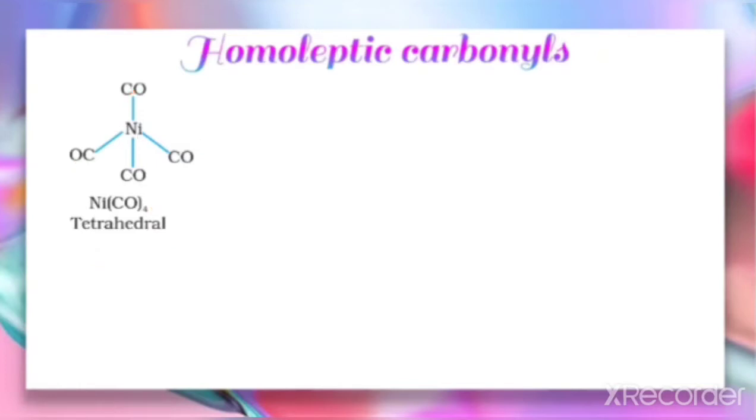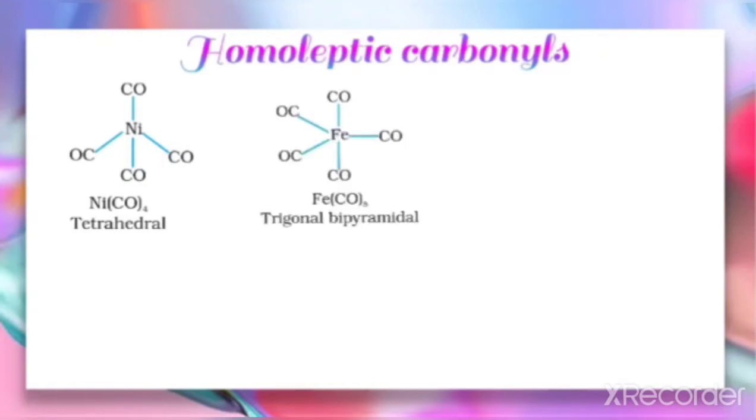The next example is pentacarbonyl iron(0). Here also the central metal atom has a 0 oxidation state. The name of this complex is pentacarbonyl iron(0), which has a trigonal bipyramidal geometry.